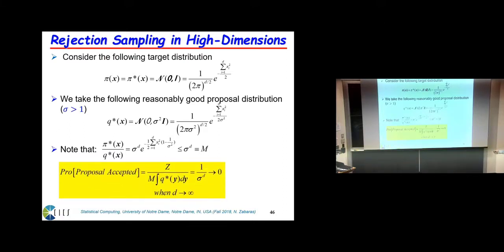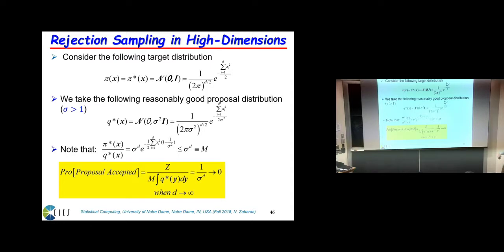So the acceptance ratio is the normalization factor of this distribution, which is actually already normalized, so 1, divided by the normalization factor of q, which is already normalized, 1, and m, which is sigma to the power d, but sigma is greater than 1, so as d goes to infinity, this goes to 0. So basically you never accept any sample.